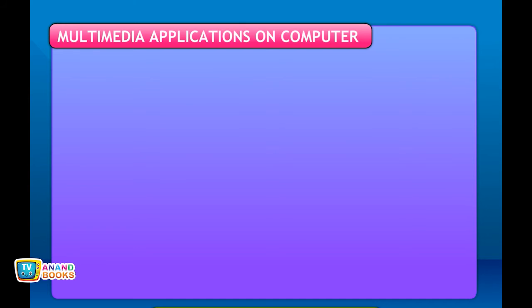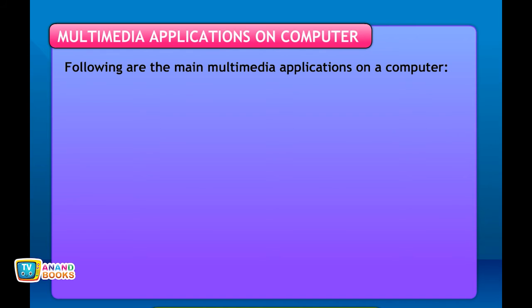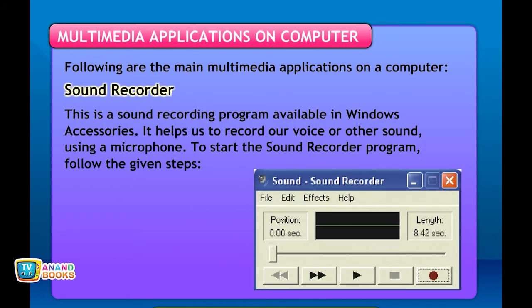Multimedia applications on computer. Following are the main multimedia applications on a computer. Sound recorder. This is a sound recording program available in Windows accessories. It helps us to record our voice or other sound using a microphone.